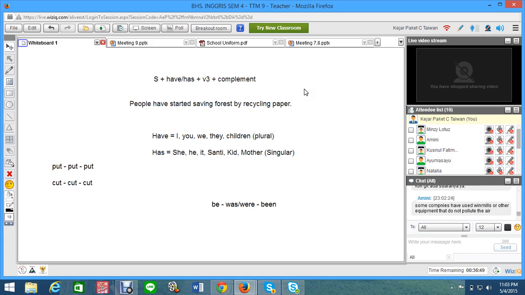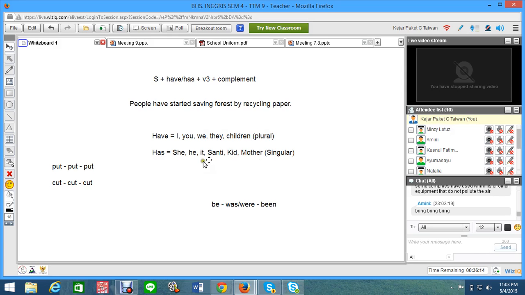So you have to be able to identify which one is subject, which one is a verb, and which subject belongs to have or has. Remember that if the subject is I, you, we, they, or children, in plural form, these subjects belong to have.